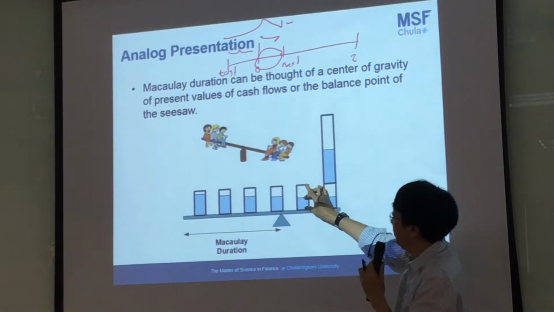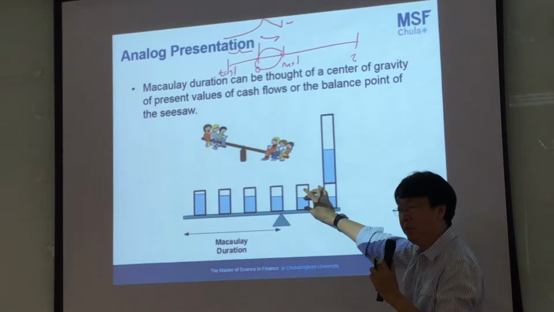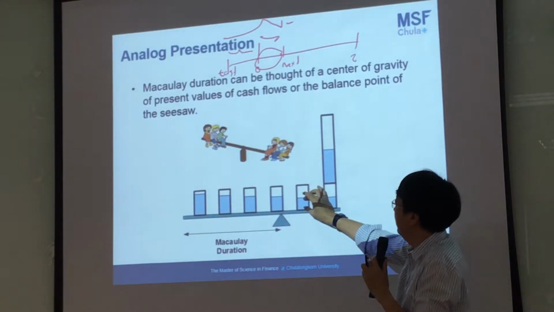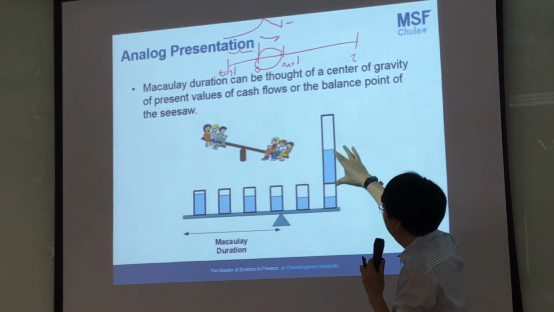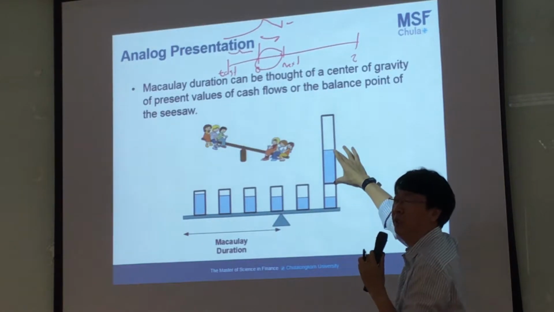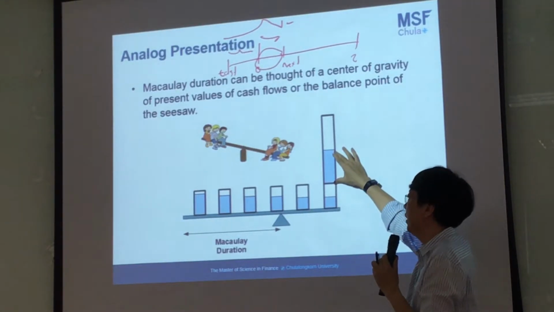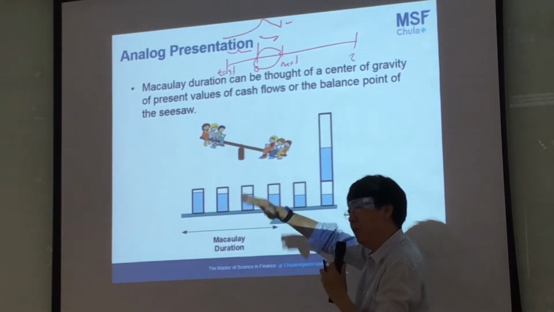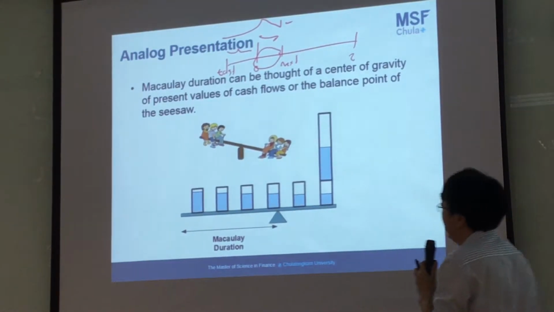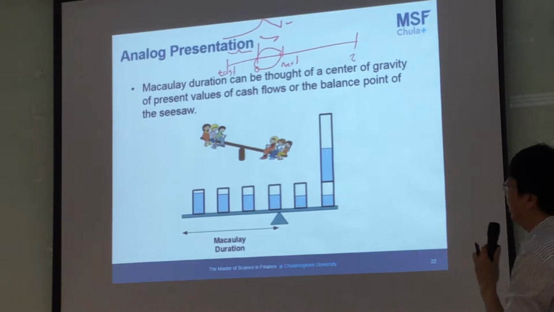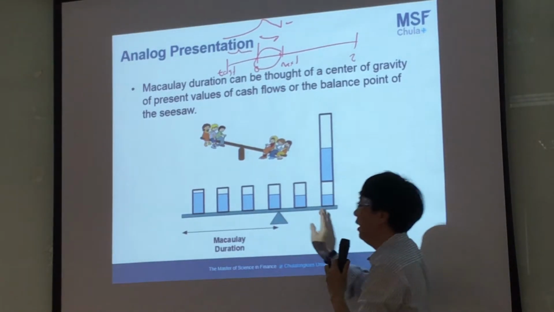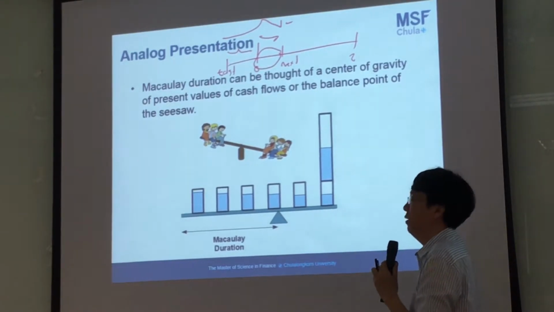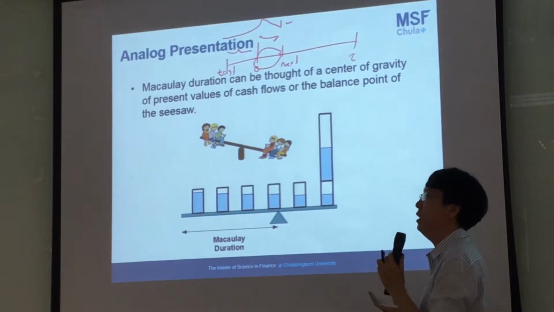The shaded areas represent the present value of the cash flow, and this is also the present value of the face value. So Macaulay duration is just the point that makes the seesaw balance between the left hand side and the right hand side. This is just another interpretation.